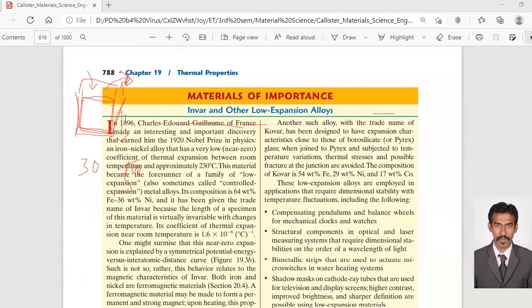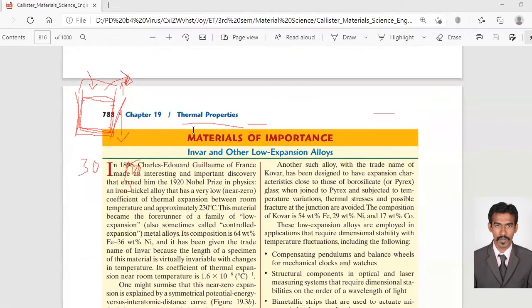So let's see that in 1896, Charles, this guy of France, made an interesting and important discovery that earned him the 1920 Nobel Prize in Physics. Okay, he earned it. An iron nickel alloy that has a very low, near zero coefficient of thermal expansion between room temperature and approximately 230 degrees Celsius, right?